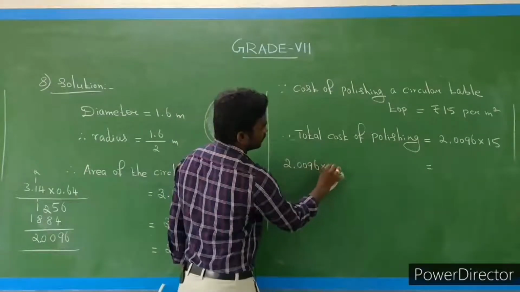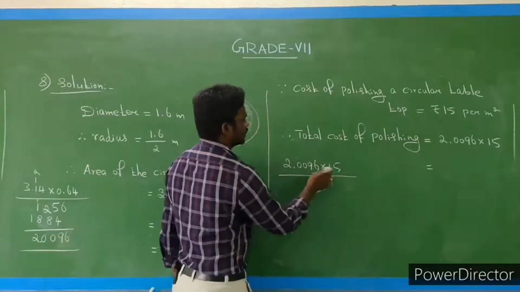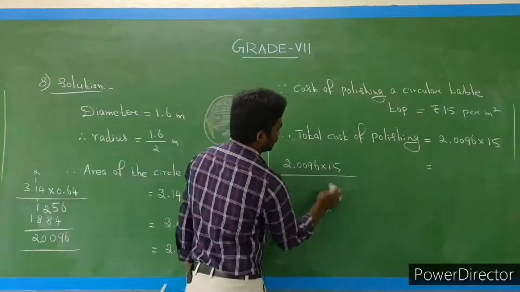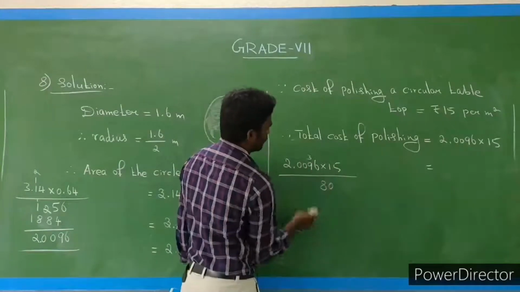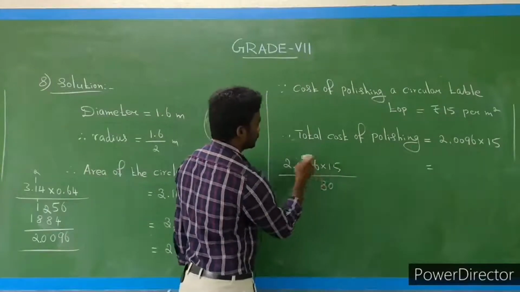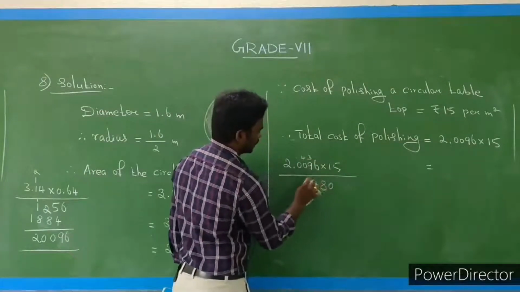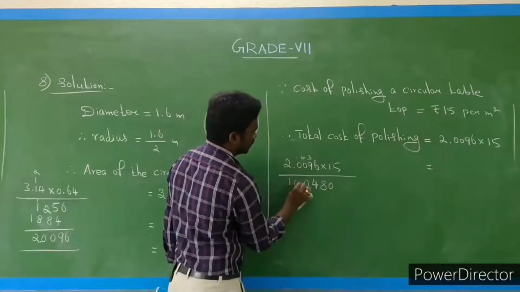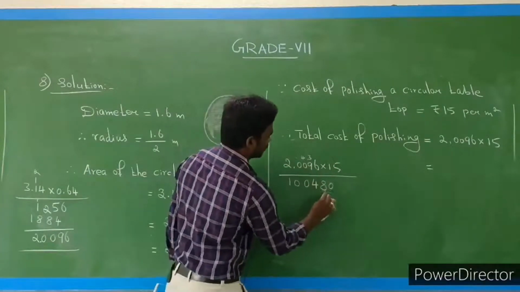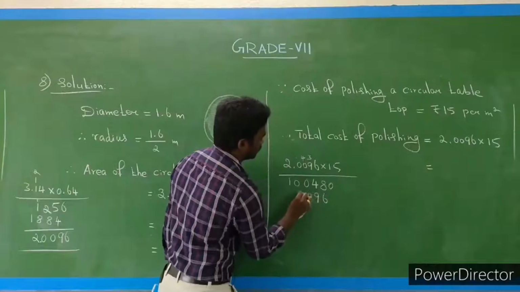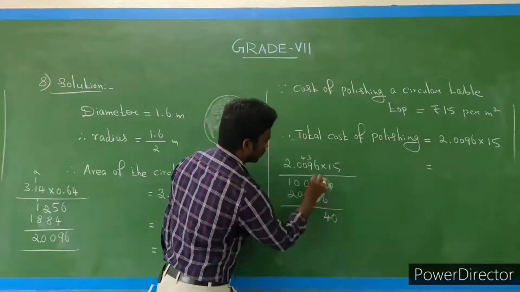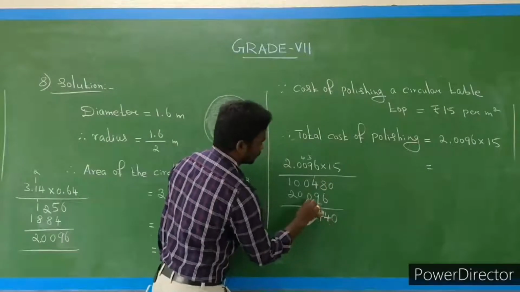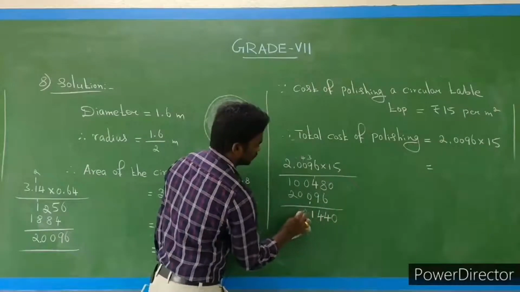2.0096 multiplied by 15. We get 6 5s are what? 30, remaining 3. 9 5s are 45 plus 3, what is that? 48, remaining 4. So 0 5s are 0 plus 4, 4. 0. 2 5s are 10. Next 6 9 0 0 2. So 0 14, remaining 1. Again 14, remaining 1. 0 3.